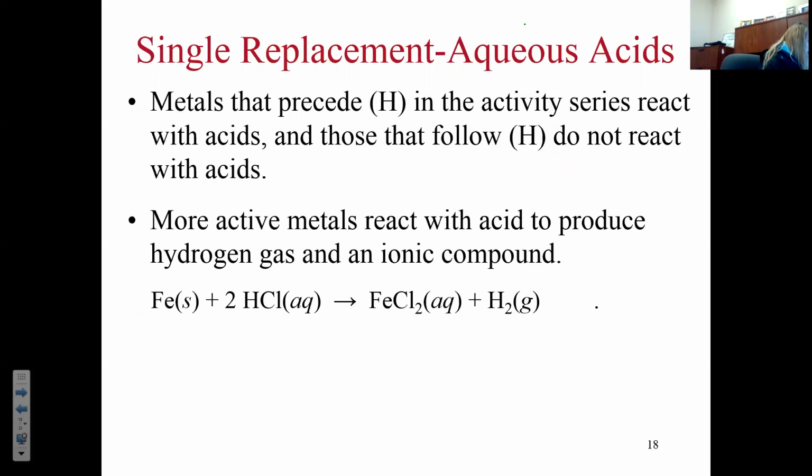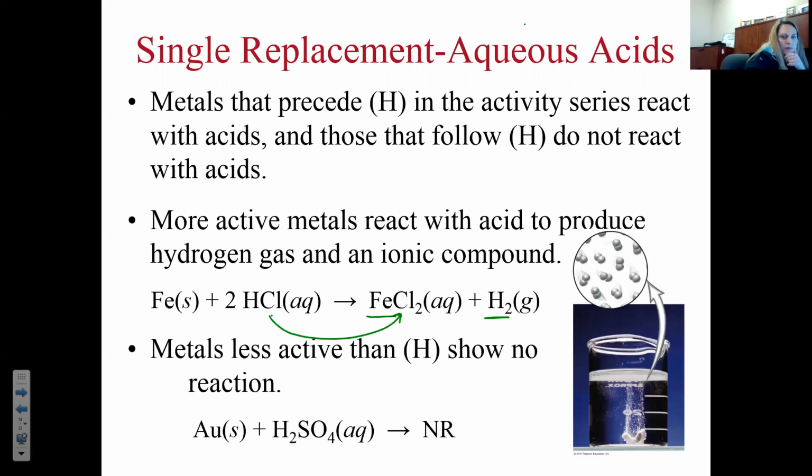When we switch it out, Fe pairs up with Cl, and that H2 is on its own. But gold is at the very end, so it comes after. In this case, we have no reaction. That Au is not strong enough to bump out that H, so we will see no reaction.